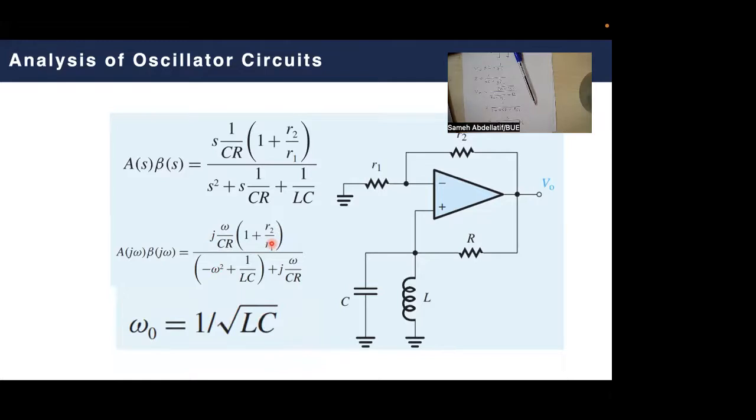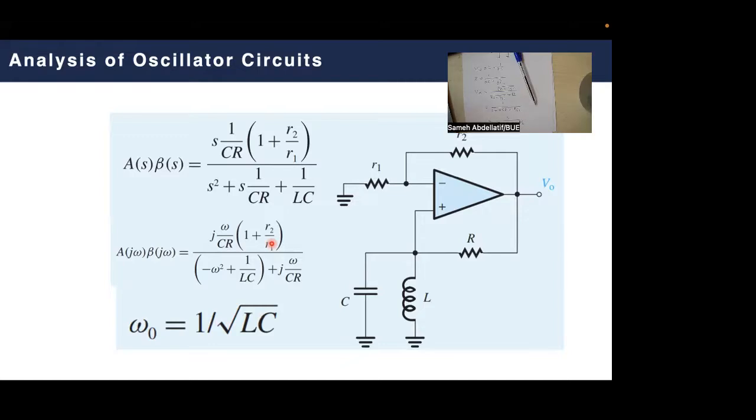So what you can do is make this R2 over R1 slightly tend to 0 by making R1 much greater than R2, and then this term will tend to 1. However, this will not be considered a very accurate circuit, as I mentioned, because R2 over R1 will not typically tend to 0.